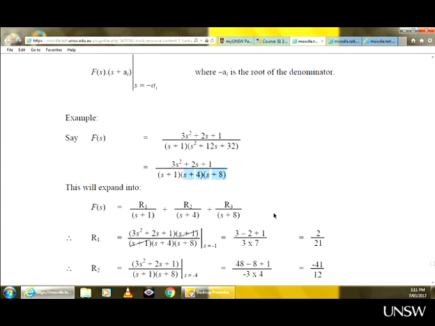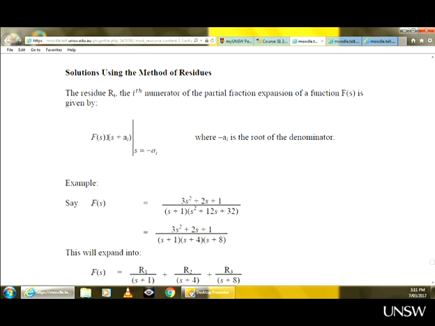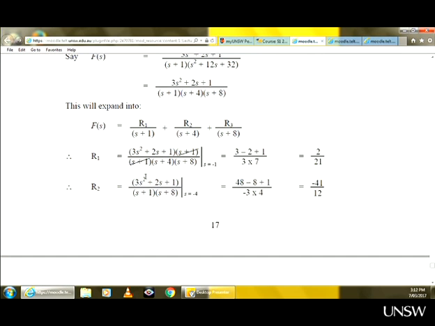So F(s) equals residue 1 over s plus 1, plus residue 2 over s plus 4, plus residue 3 over s plus 8, which is similar to A, B, and C. However, the way you find R1 is to take the original function, 3s squared plus 2s plus 1 over this denominator, and multiply it by the term corresponding to the first root, which is s plus 1.